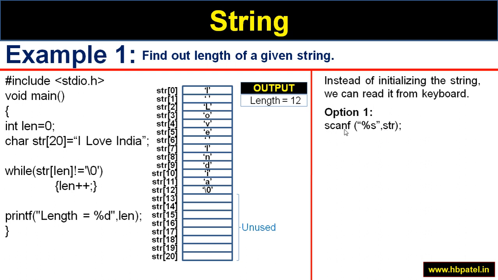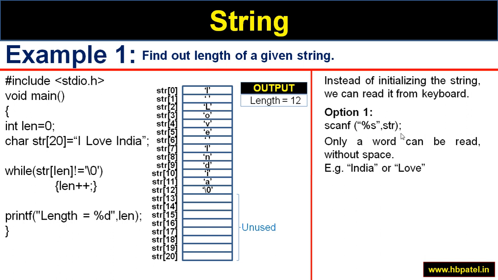I repeat, when you read a string, you do not specify ampersand. When we read an integer, character, or float, we specify ampersand, but in the case of a string, we do not specify ampersand. This is something that you need to remember. We'll be exploring why in our pointer chapter.